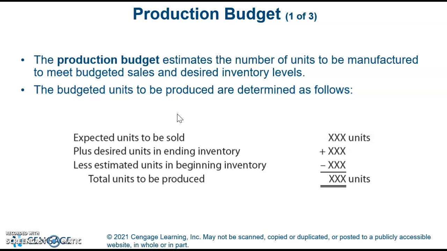So we're going to be told how much that desired ending inventory is. So we expect to sell these number of units. We want to have a desired ending inventory. Then we can subtract out the beginning inventory, because we already have those and we don't need to produce them. And that's going to tell us how many units we need to produce.